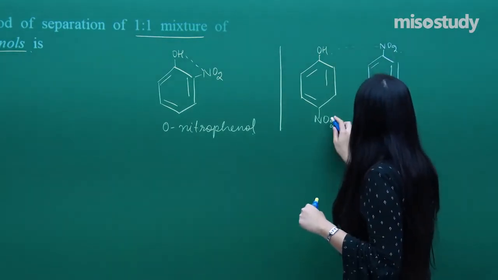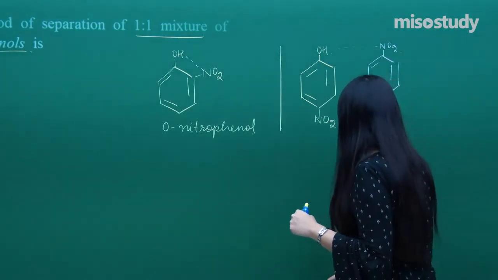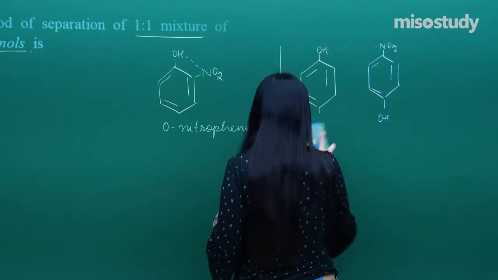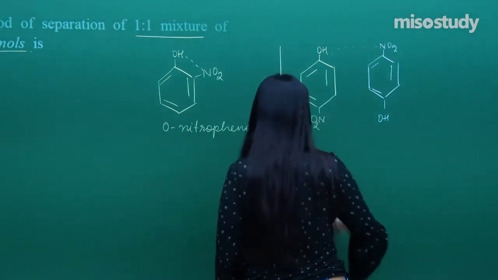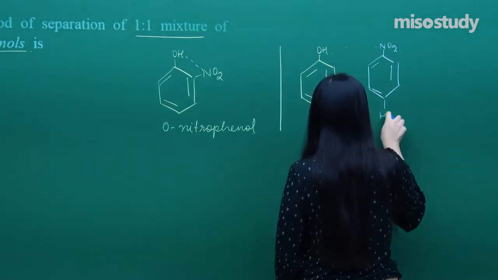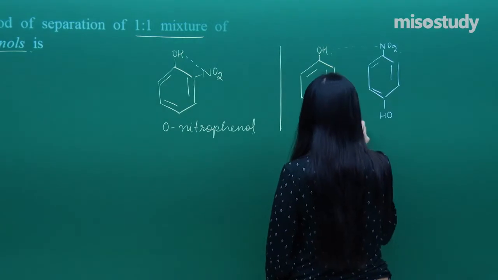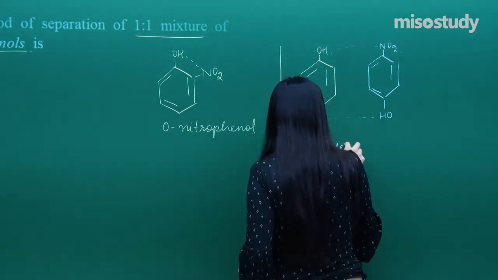That is how the H bonding can take place. If I write this NO2 the other way round, and the OH also the other way round, what do we get? We get again the H bonding, right? So in this particular case there will be intermolecular.